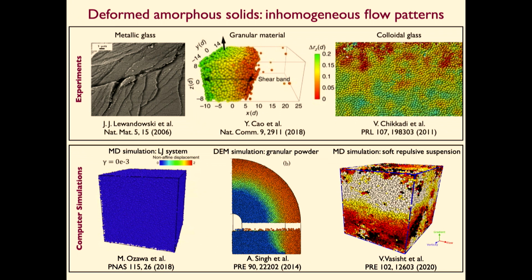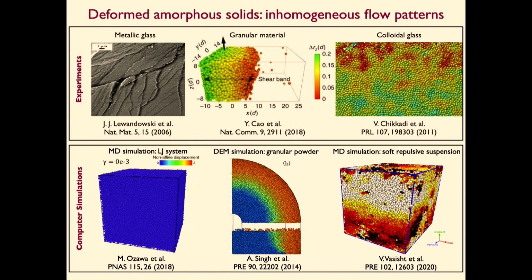can see that some parts of the material flow more than other parts. Some band-like structure forms, which is called shear bands, where the relative mobilities of the particles are different. Such behavior has been observed in granular material recently, and in many other studies.